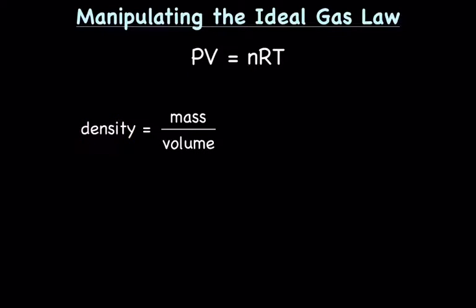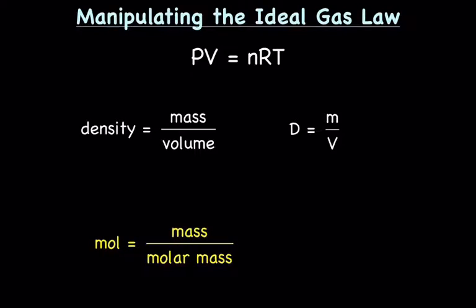Normally that's written as capital D for density equals small m for mass divided by capital V for volume. Then we have mole. Mole equals mass of the substance divided by the molar mass of the substance. Now think about this one for a minute, because it's something you should actually already know, even though it may not specifically be in your head.